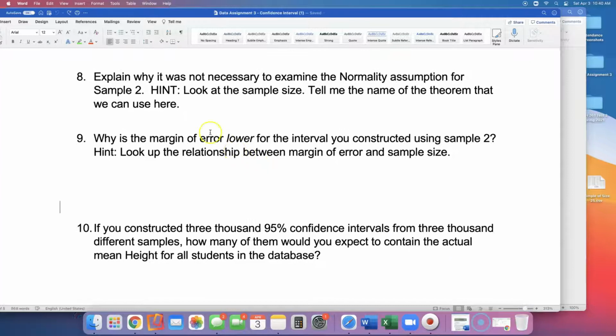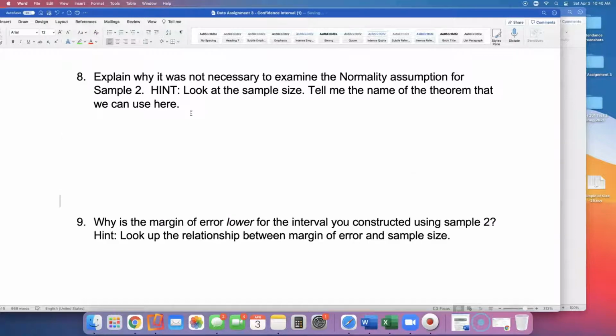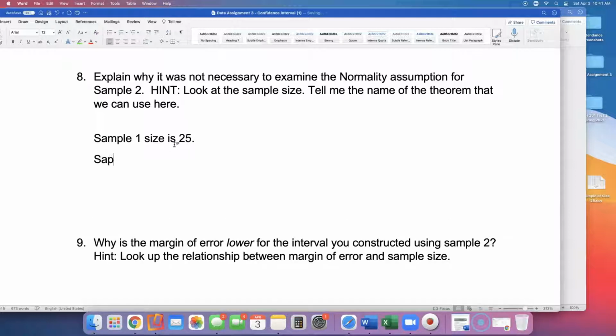Explain why it was not necessary to examine the normality assumption for sample 2. Now, we looked at 2 samples. Sample 1 size is 25 and sample 2, whoopsies, size is 50.